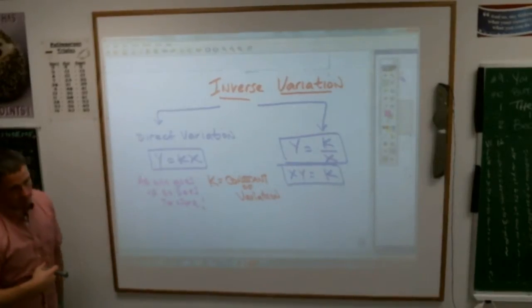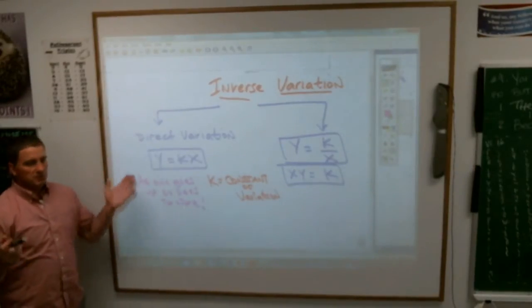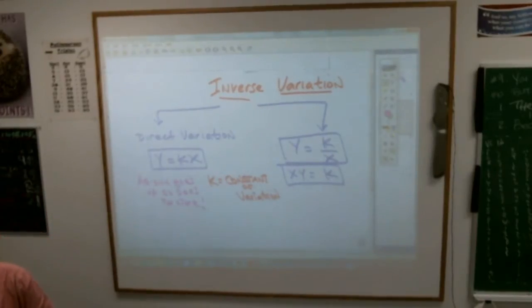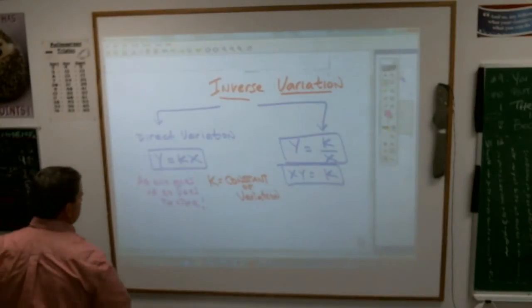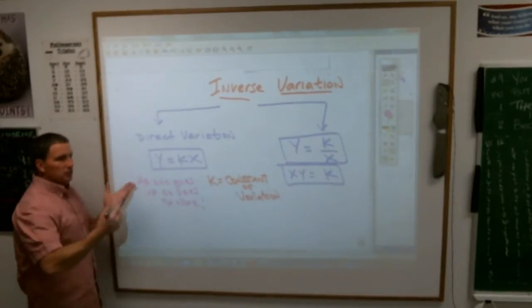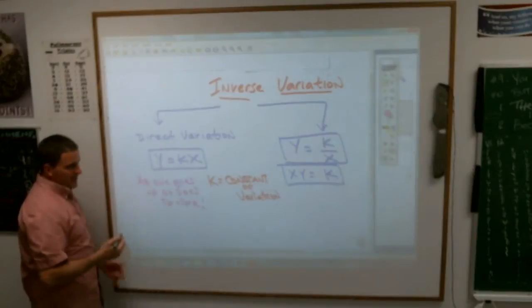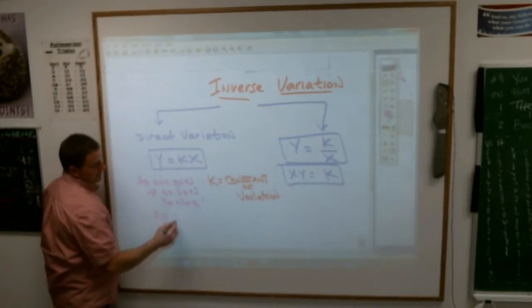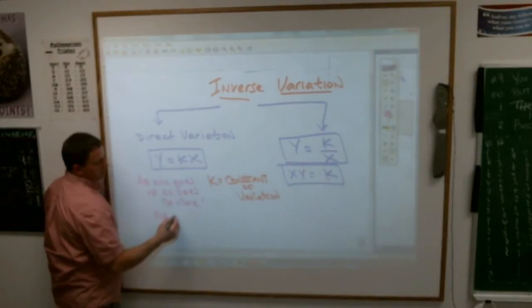For example, an example of direct variation would be a simple thing. If you get a job working for, what's the going rate per hour for a 14-year-old? Let's say you make $7 an hour.